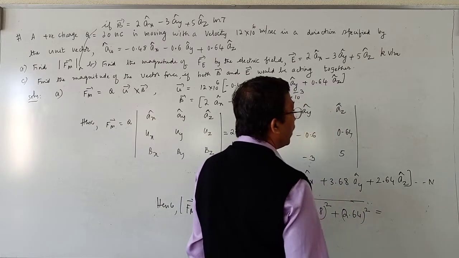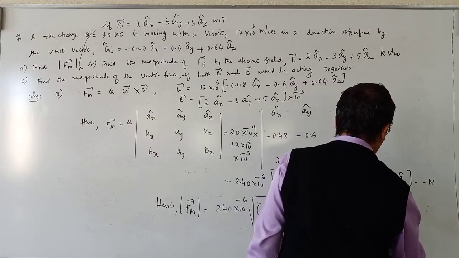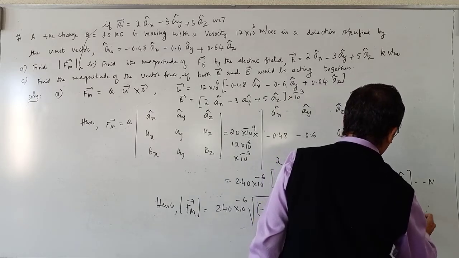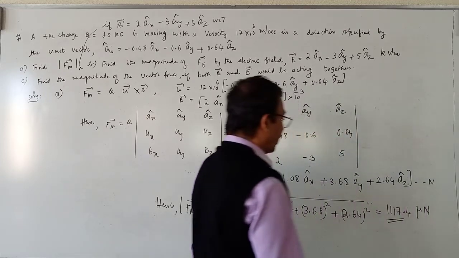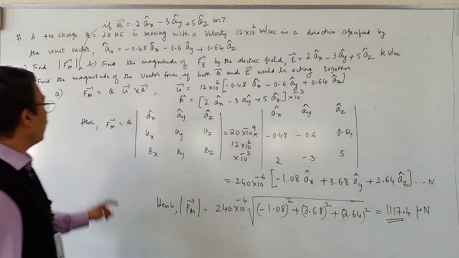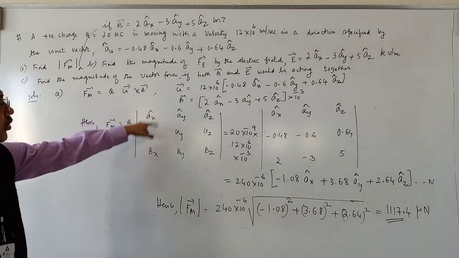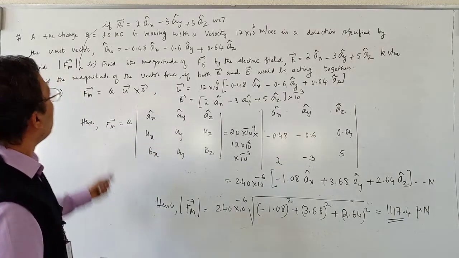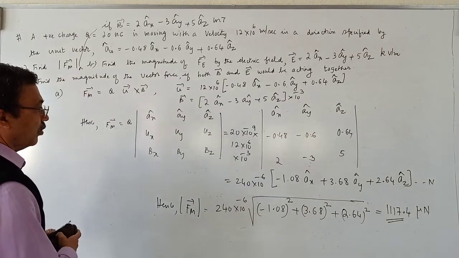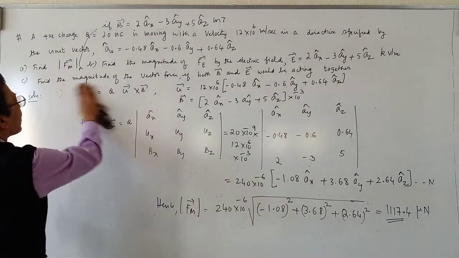This works out to be 1117.4 micronewtons. Please check the correctness of this answer. So I evaluated the cross product by using determinants. So this is how part A is done. Next I will go to part B.